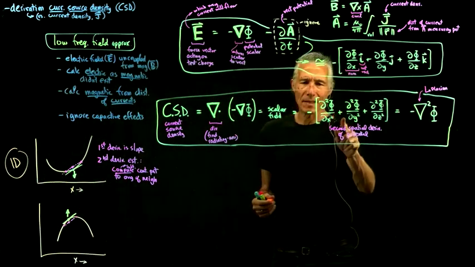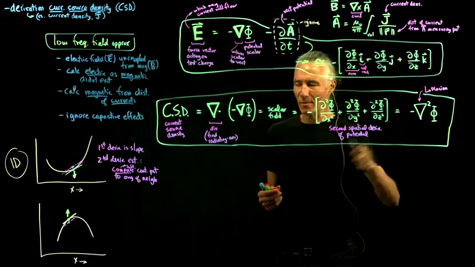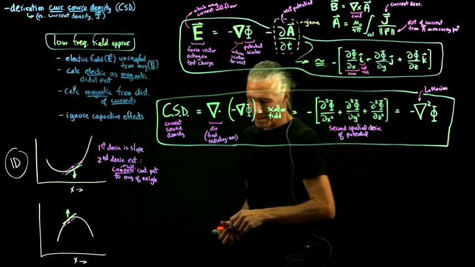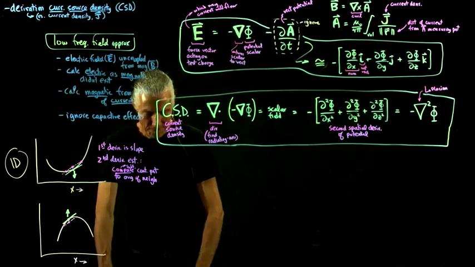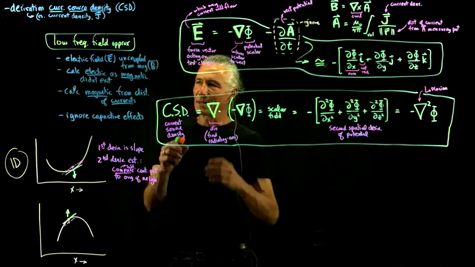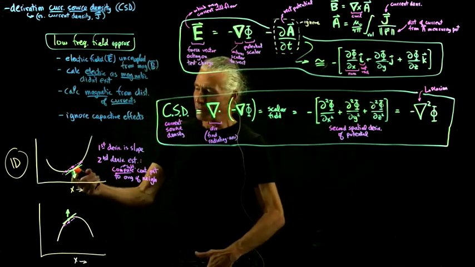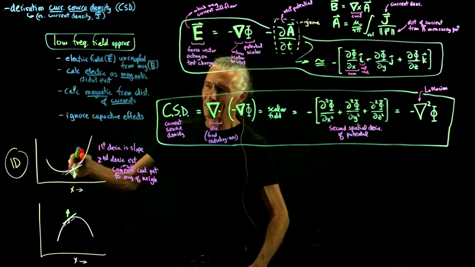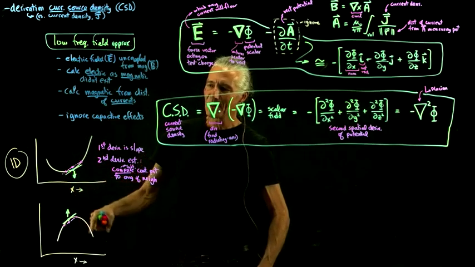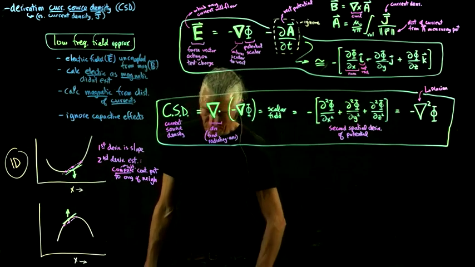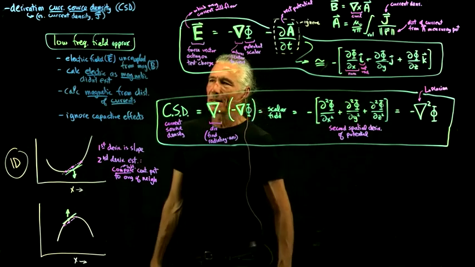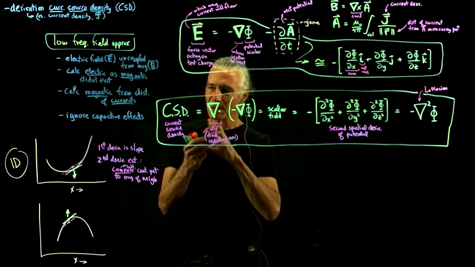So to estimate this second derivative here, it's the curvature. So curvature is easy to conceive of with a simple graph like this, but it's a little harder in 3D, but you can get the same idea.